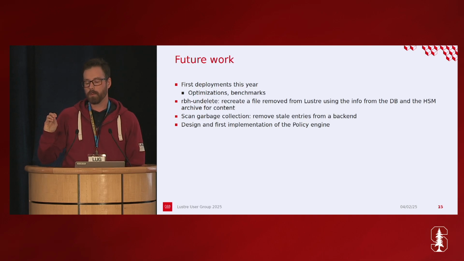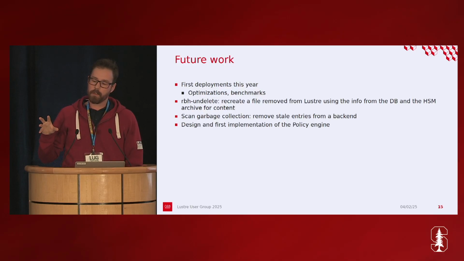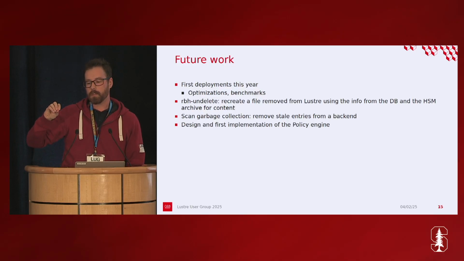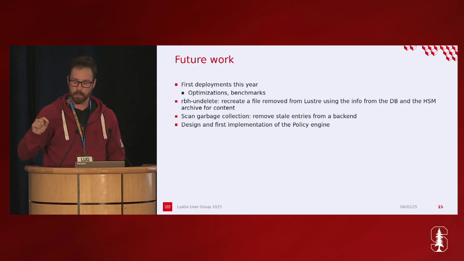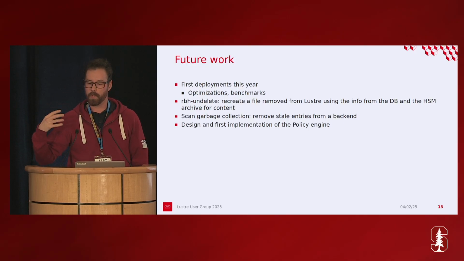There's also the garbage collection. If you're using changelog, this is an issue that you might not run into too much, but the idea is that from time to time you might miss some change logs or be too slow to treat all of your change logs, and you might have stale entries in your backend, in your database. And so the garbage collection is essentially the ability to remove the entries that have been removed from Lustre but are still in your database.